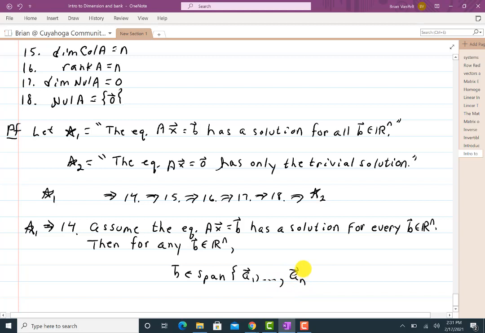Remember, the matrices that I'm dealing with in this theorem are all square matrices. So in particular, the matrix A is n by n. So this equation says that B is a linear combination of the columns of A. That means B is in the span of the columns of A, and that by definition is Col A.